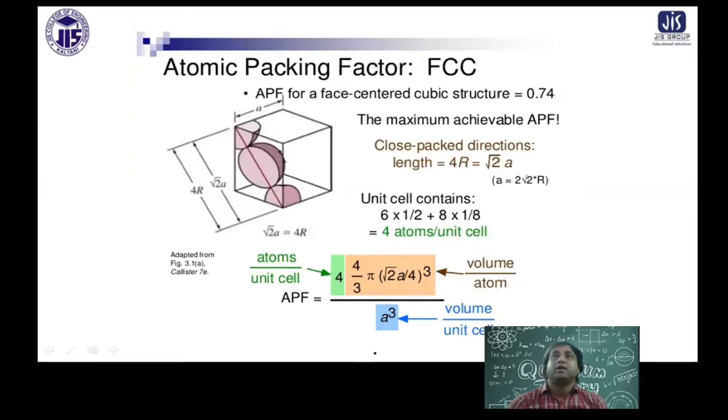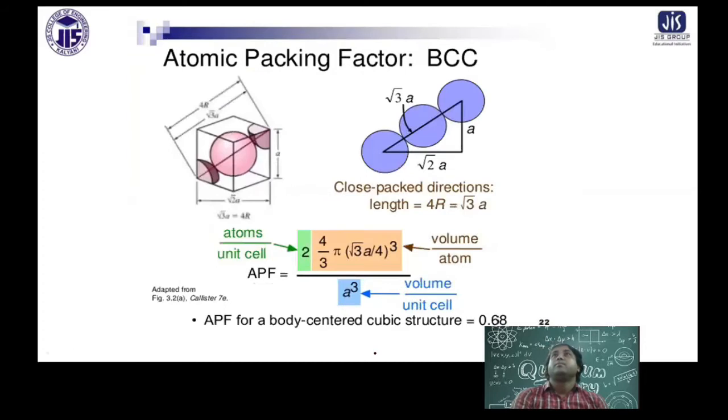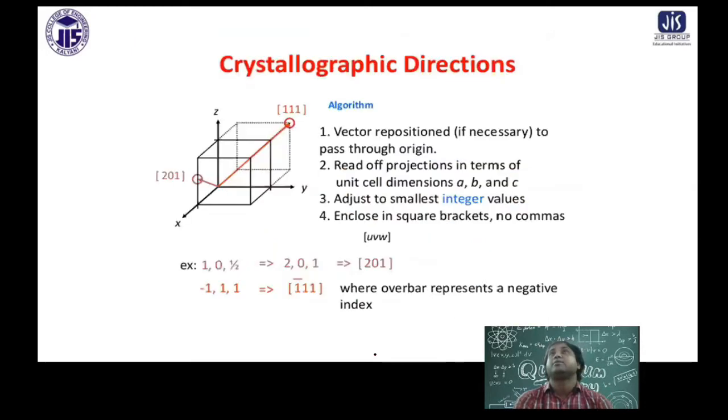You put it in and calculate the atomic packing fraction. Body centered cubic, same story. The connection is this much: 4r is equal to root 3 a. You put that value in the expression of 4/3 pi r cubed. 2 is the effective number of atoms per unit cell. So it is like 68%.